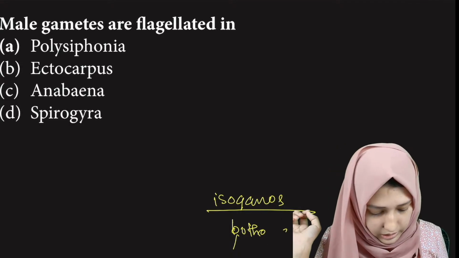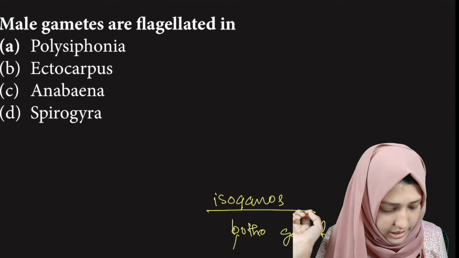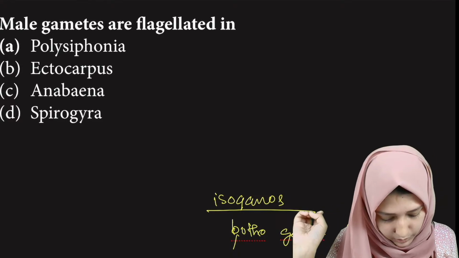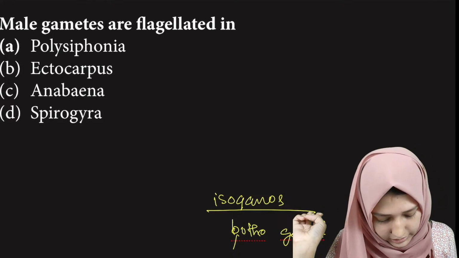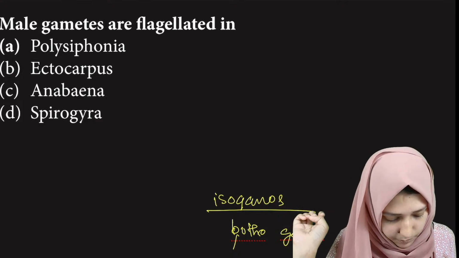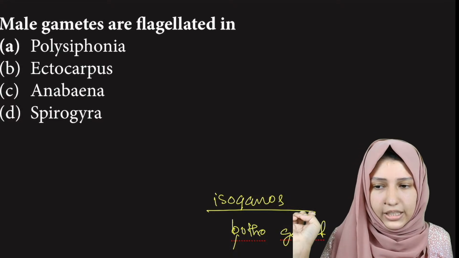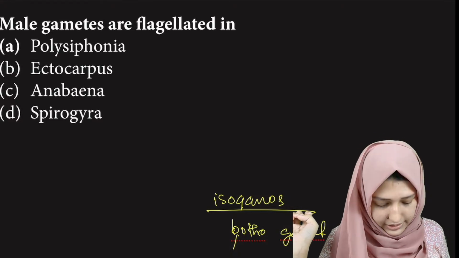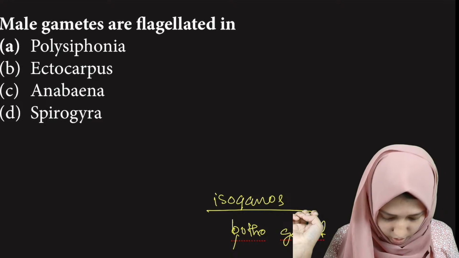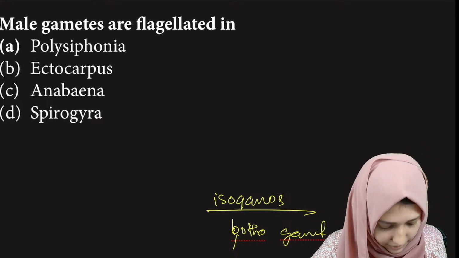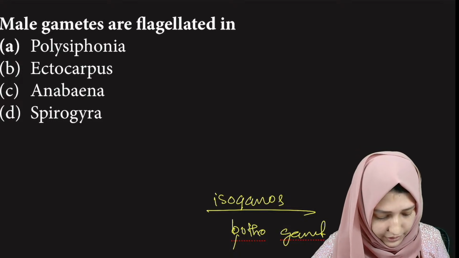When both gametes are similar, they are known as isogamous. And what were the examples for isogamous? It was Ulothrix and Spirogyra. And I have given you a trick to identify the flagellated one: the flagellated one will have L. So Ulothrix is the flagellated one.